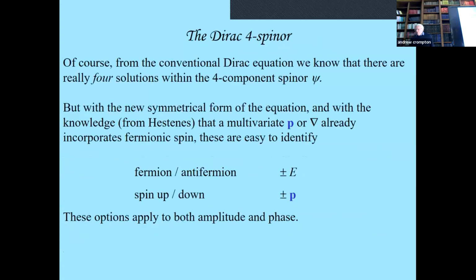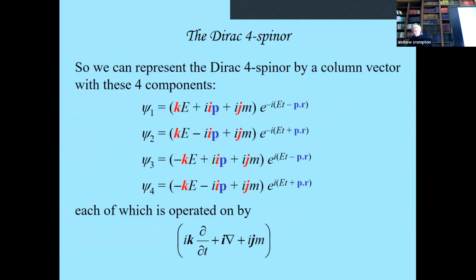And we can now import back what we learned from Dirac himself, that there are 4 solutions. So this is fermion and antifermion, plus and minus E, obvious. Spin up, spin down, plus and minus p. And these are both amplitude and phase. So we can now represent our 4 components, psi1 and psi2 to psi4.